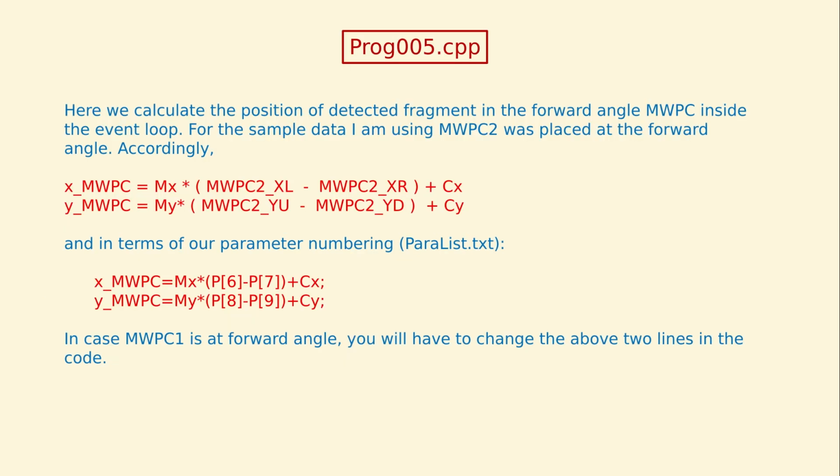Let's start with program 5. Program 5 calculates the position of the detected fragment in the forward angle MWPC inside an event loop. For the sample data which I have, it is MWPC2, and accordingly the parameter 6, that is the 7th parameter actually, but since indexing starts from 0, P6 corresponds to the XL, MWPC2, its X position left side, and P7 corresponds to MWPC2 XR.